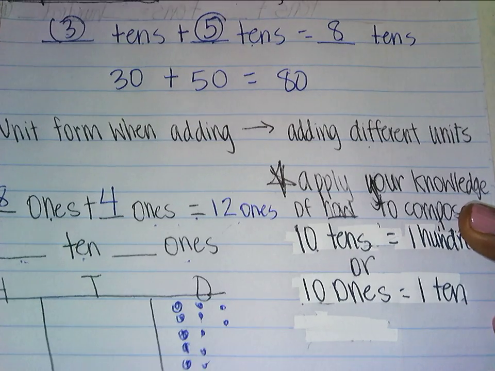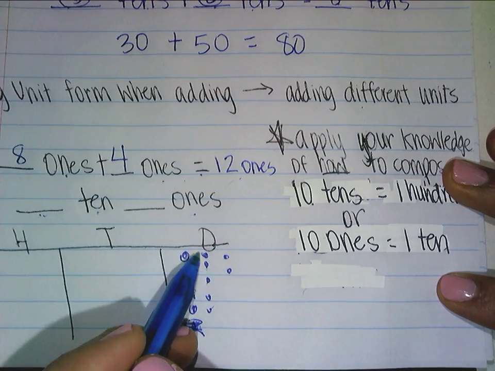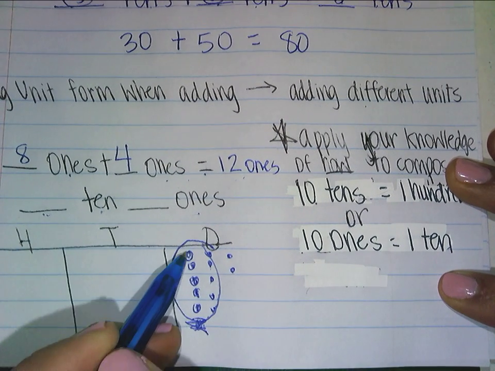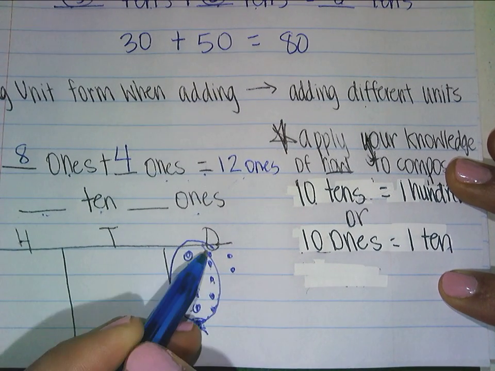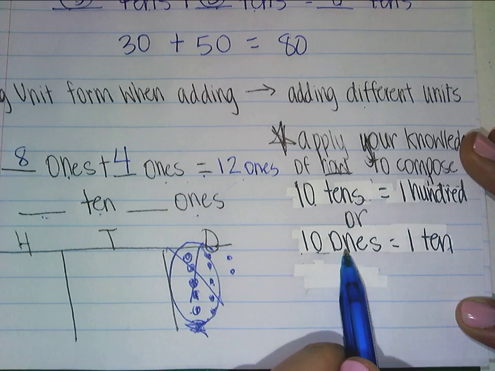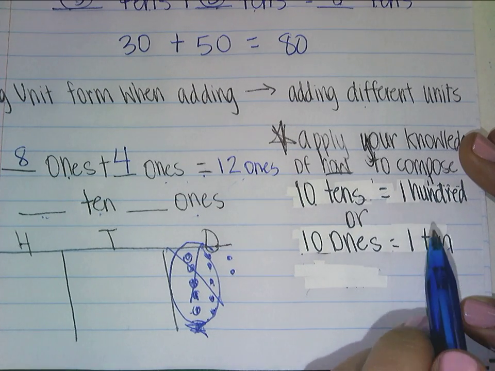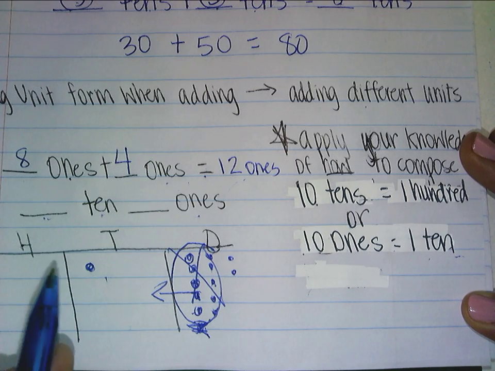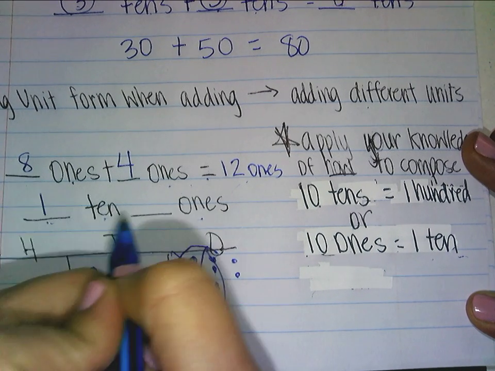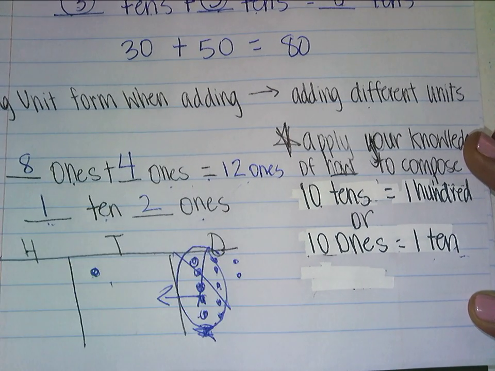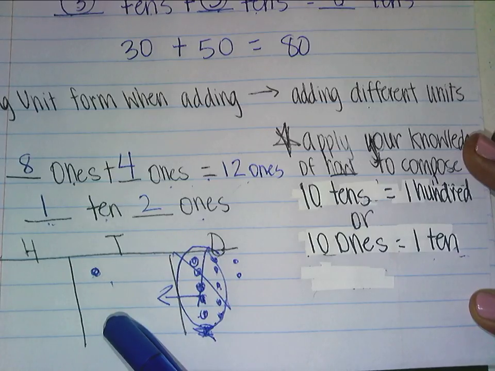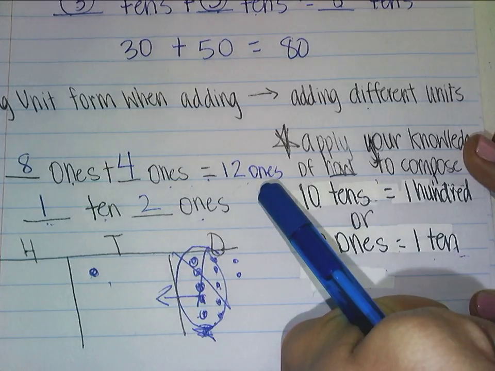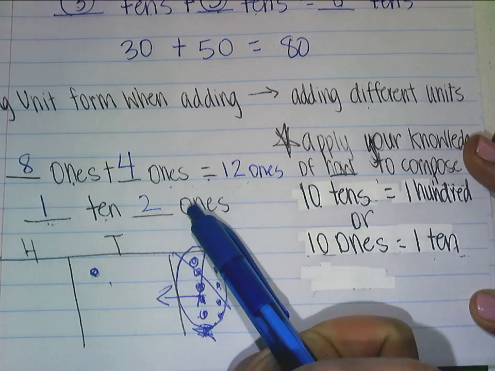Right now, I don't have any tens, so I'm going to compose that higher unit. 1, 2, 3, 4, 5, 6, 7, 8, 9, 10. Regroup, 10 ones for 1 ten. So now I can put my 10. So now I change it to 1 ten and 2 ones. So do you see how I compose that higher unit? I changed it from only using ones to tens and ones.